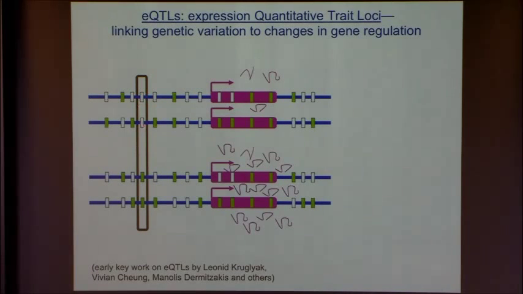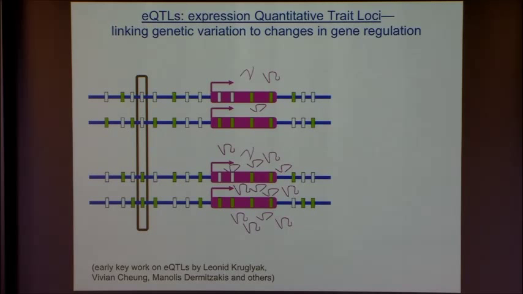So here, in this case, perhaps the white-colored allele leads to lower expression output than the green-colored allele does. What we'd like to be able to do is to identify variants like this that have effects on expression of nearby genes, and then to understand why they do this. What are the kinds of mechanisms that cause this? I should mention that in this talk I'm going to be focusing on what are referred to as cis-eQTLs.